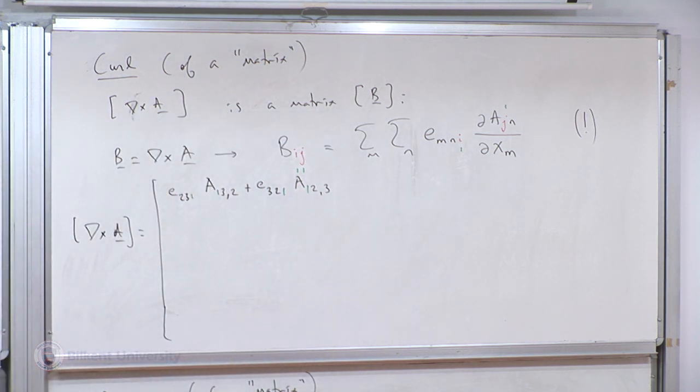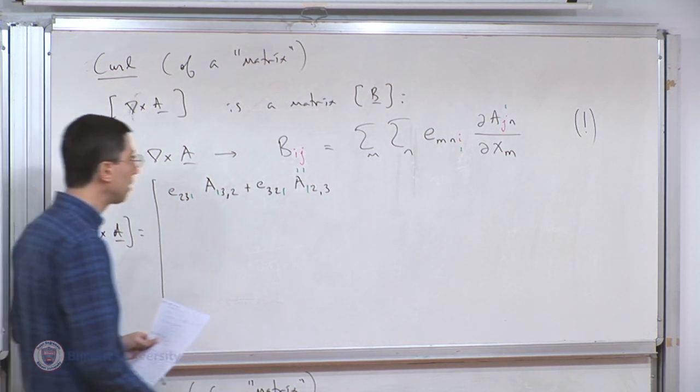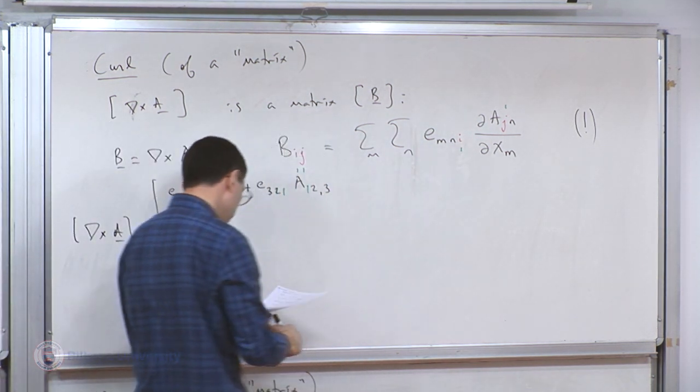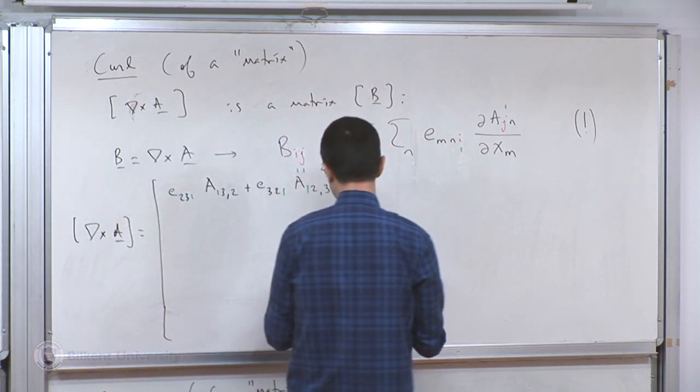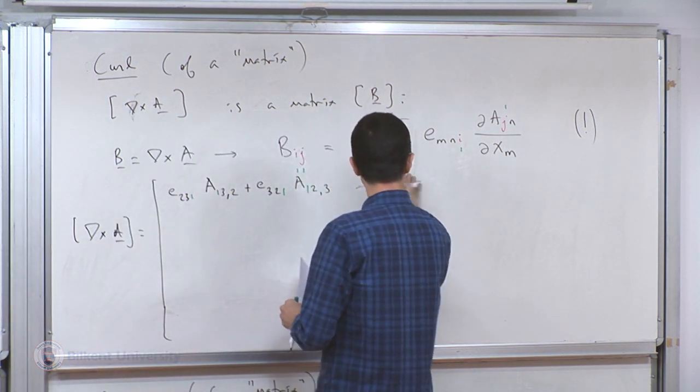Okay. So now if you do this carefully, and I suggest you do it just to sort of practice with this notation, you can obtain all the components. Okay. Actually, let me write it out.